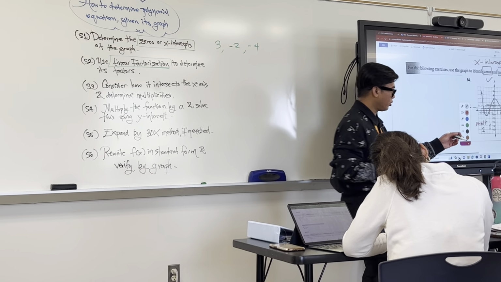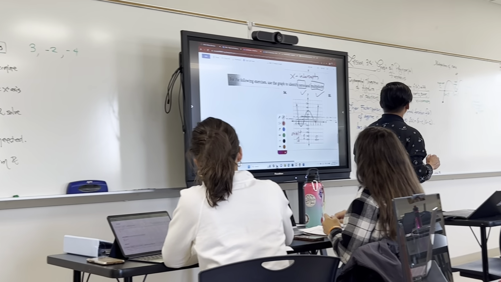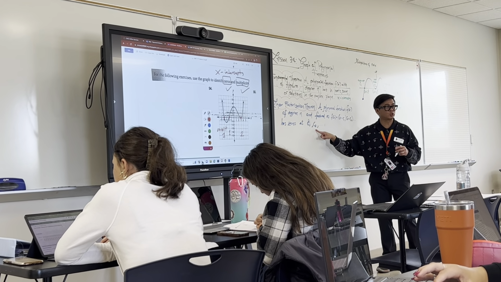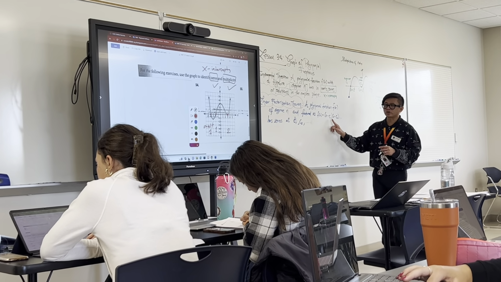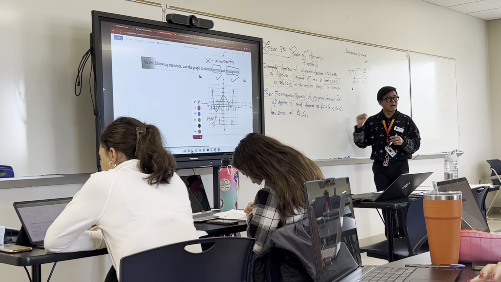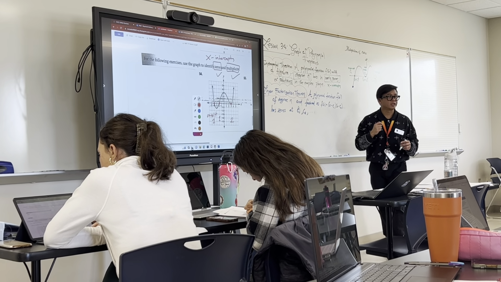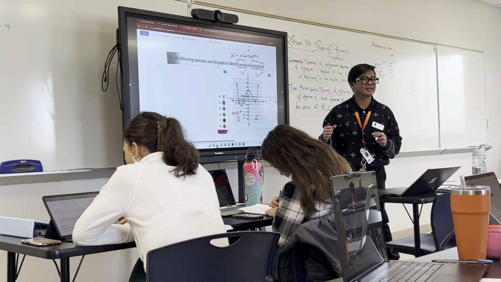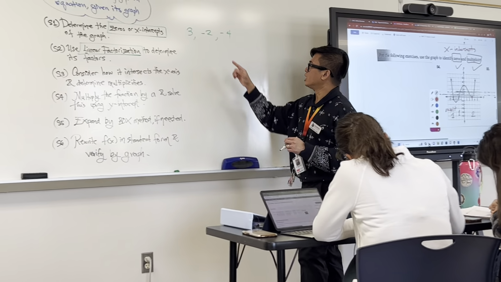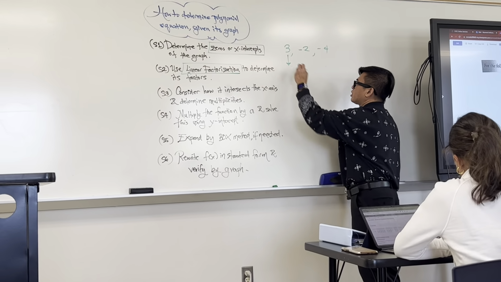The linear factorization theorem, guys, says that if you have zeros c1, c2, and so on, then your factors will be x minus c1, x minus c2, and so on. In short, what do you need to do with the sign? Flip it. Sign change. Very good. So Madeline, what do you think will be the factor at 3?